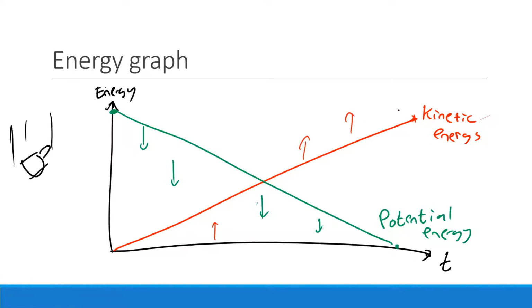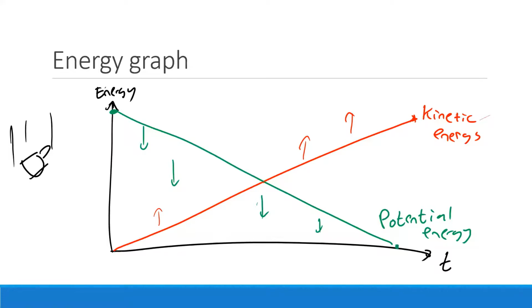It gains kinetic energy. There is a point where it has the same amount of kinetic energy as potential energy, and that's when it's fallen halfway down, because half of its energy is now kinetic energy.